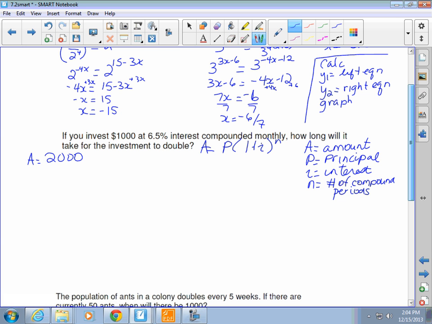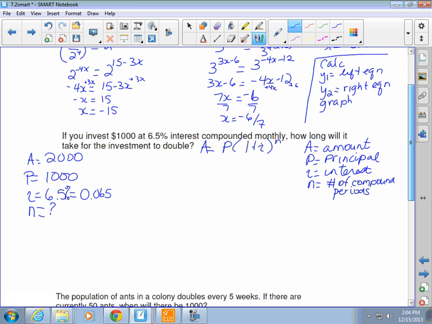My principal, what I started with, was $1,000. It's told me my interest is 6.5% or 0.065, if I take it out of percent. And n is how long is that going to take? That's what I don't know.